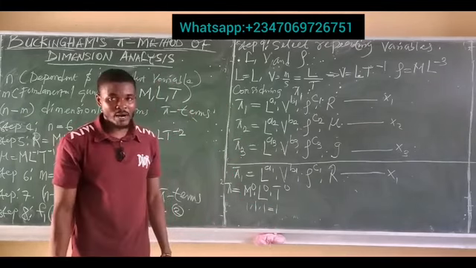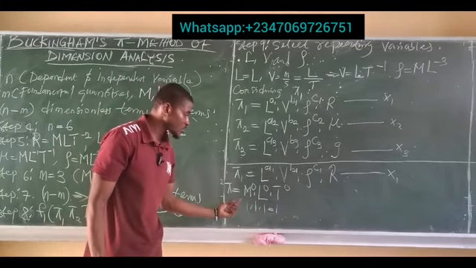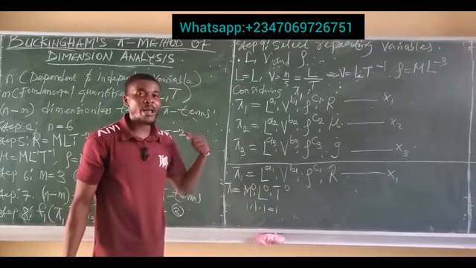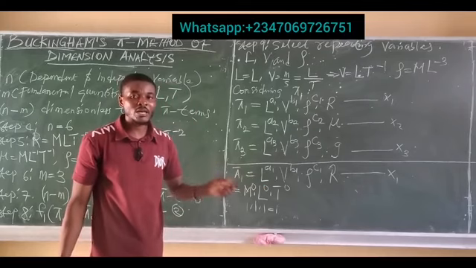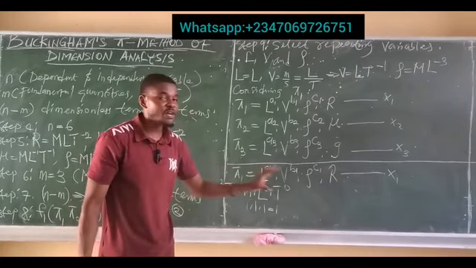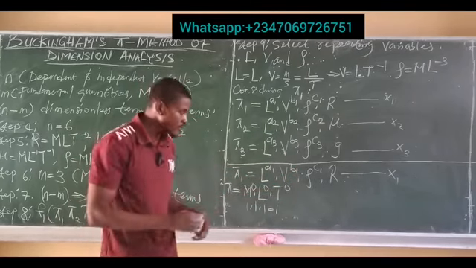So to write pi as 1, it simply means to write it as M to the power of 0, L to the power of 0, and T to the power of 0. You are now employing the principle of dimensional homogeneity, which means you must have the MLT system, however you want to do it, on both the left-hand side and the right-hand side.